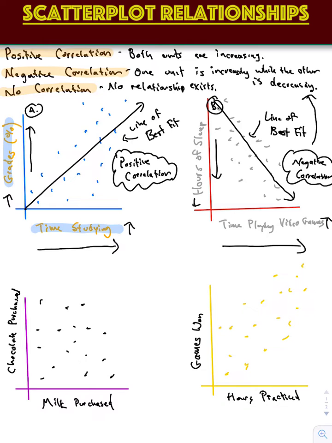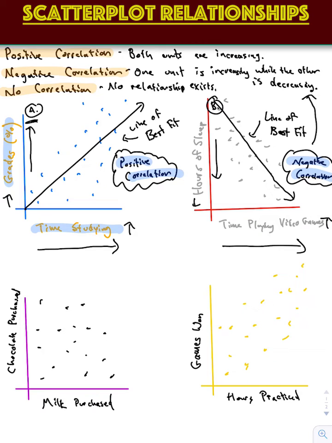The two units are connected. Correlating almost means connected. So in graph A, time studying and grades were connected. As one increased, the other increased as well. That means we have a positive correlation. In graph B, they are connected, but as one increased, the time playing video games, the other decreased, the hours of sleep.